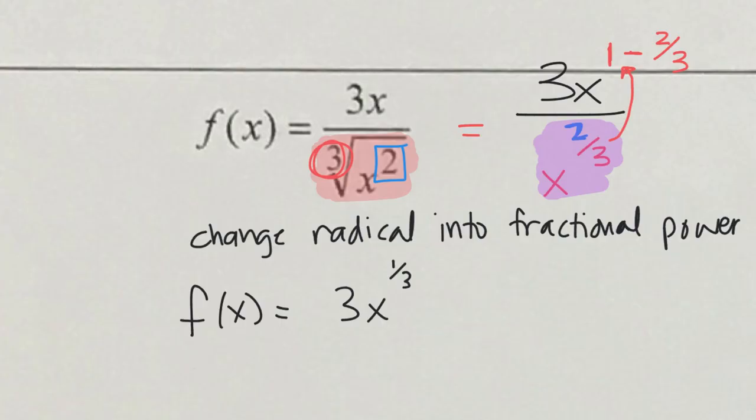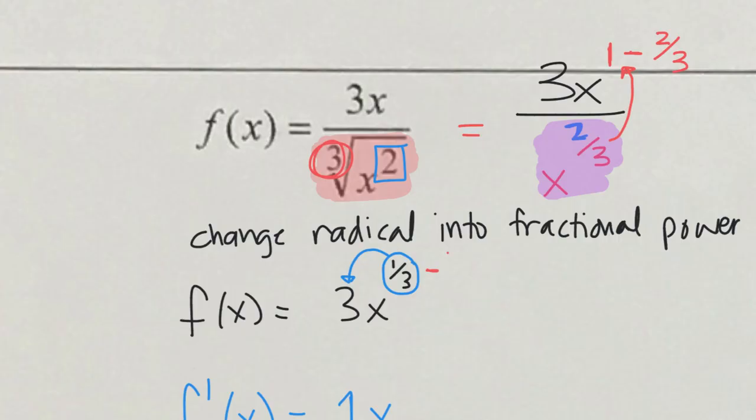So let's take the derivative. F prime equals, what is 1/3 times 3? That's just 1. So 1x. We don't even have to write a 1 there, but I am just for funsies right now. And then we're going to once again subtract 1 from your power. Okay, we have to subtract 1 when you take the derivative.